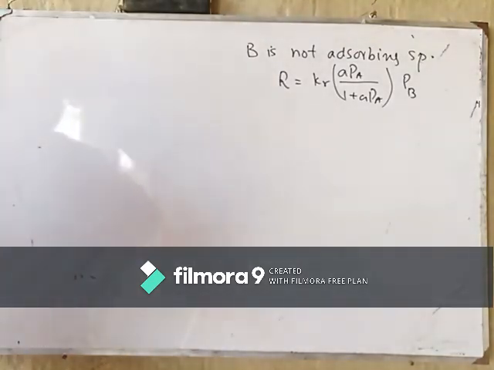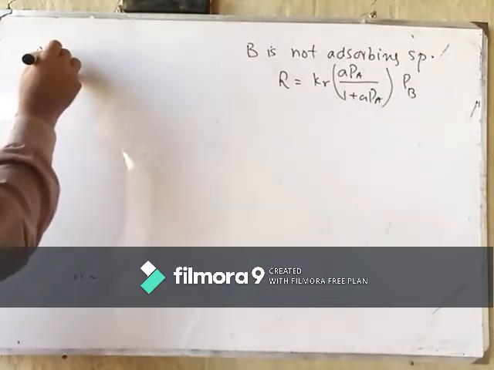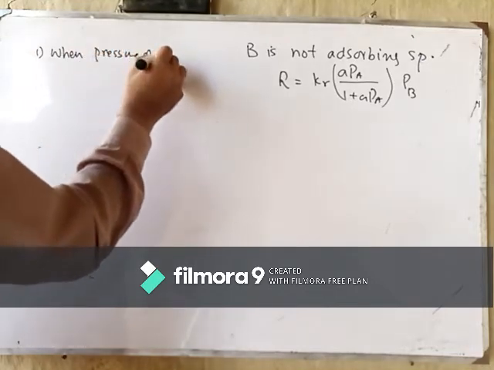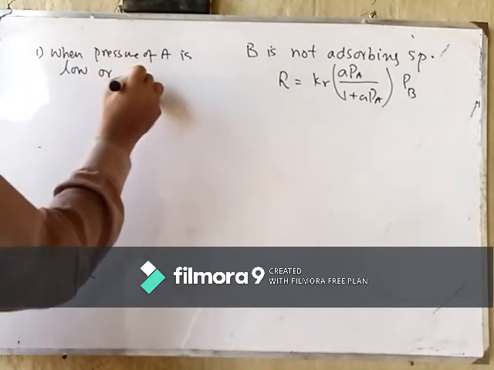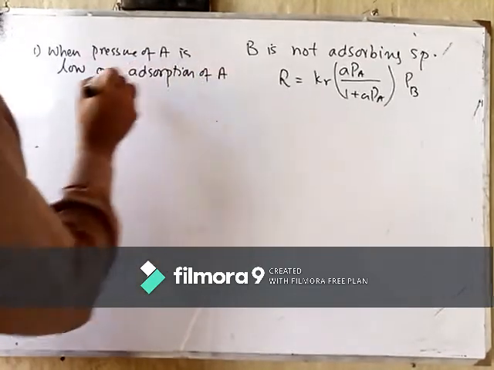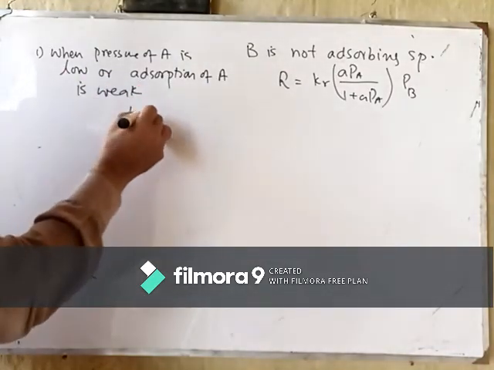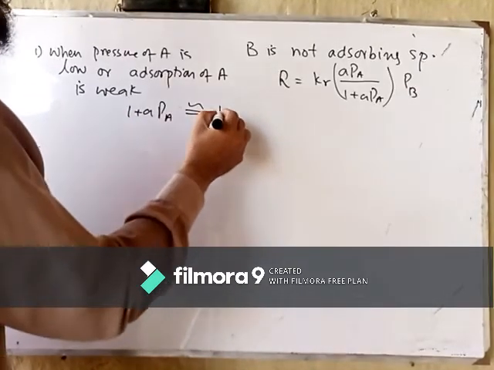When the pressure of A is low, when adsorption of A is weak, we have different cases. Case one: when the pressure of A is low, or adsorption of A is weak, then 1 plus A PA will be equal to 1.